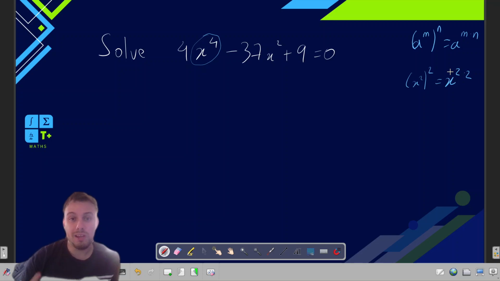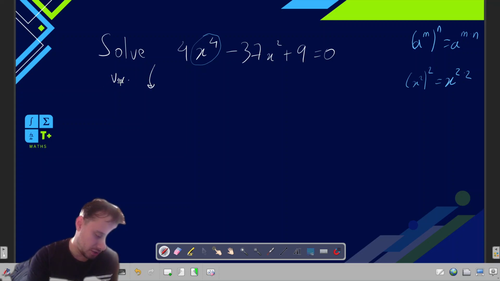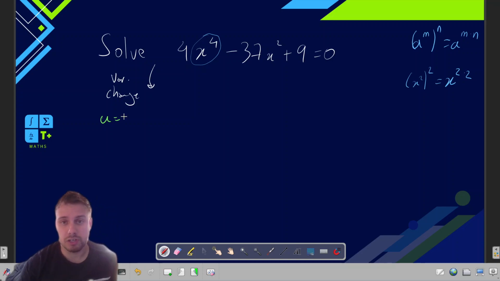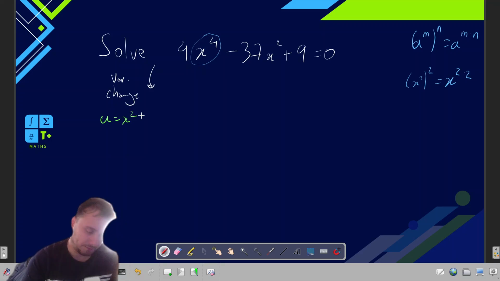So I can rewrite the equation by doing what we call a variable change. How do we change the variable? Well, I'm going to call it u, and I like u because we usually use the letter u in mathematics, but you can use whatever letter you like. I'm going to call u to be x squared.